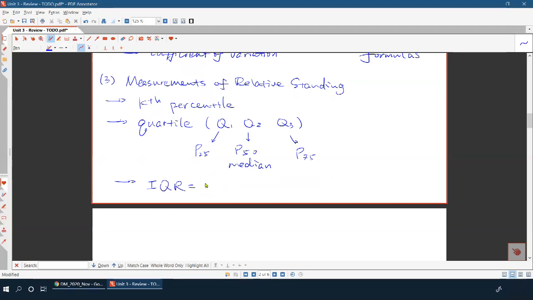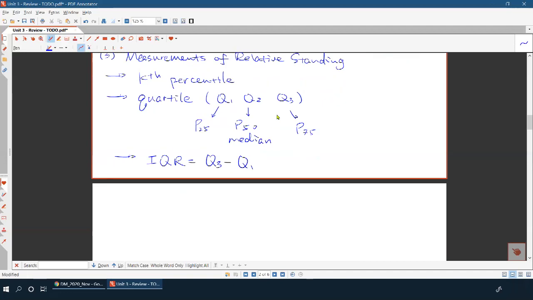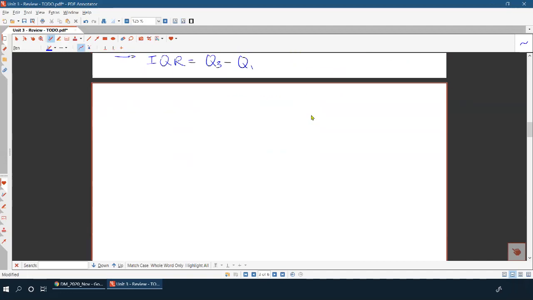Okay, next, IQR. IQR is defined as Q3 minus Q1 and is interpreted as the spread of the middle 50% of all the data. Okay, next, percentile rank. Or sometimes we call it percentile score.